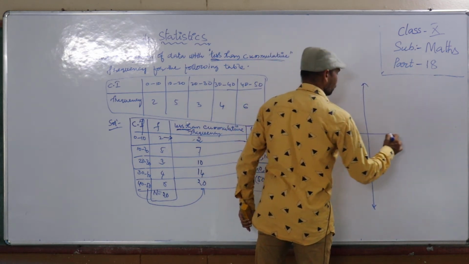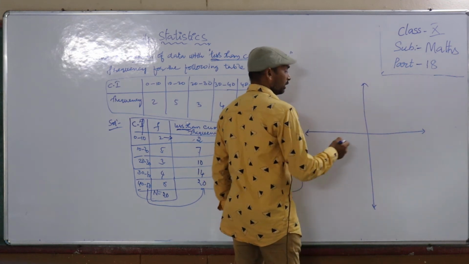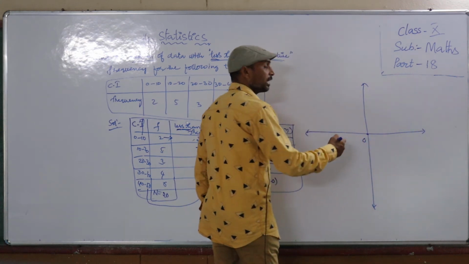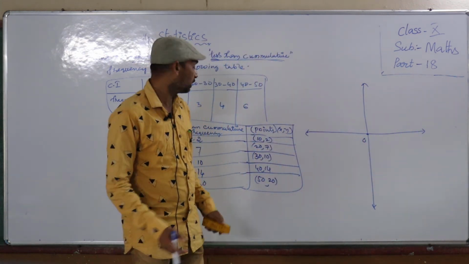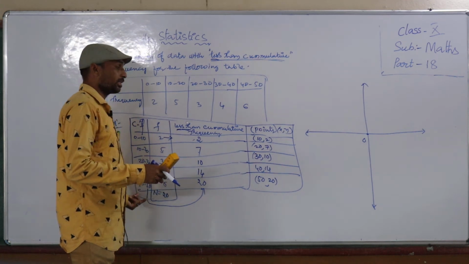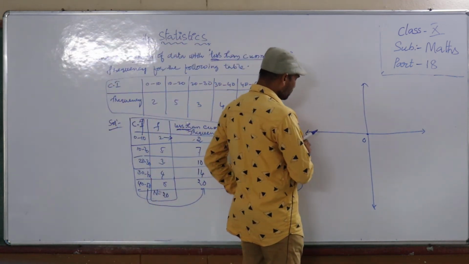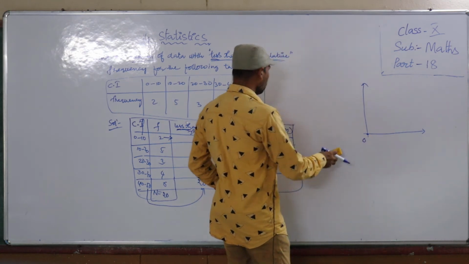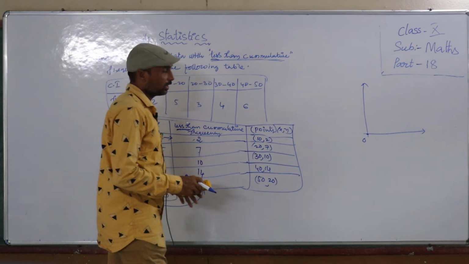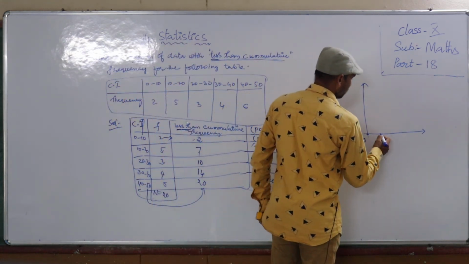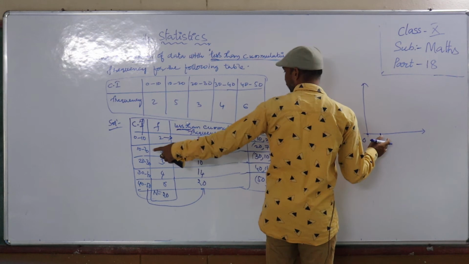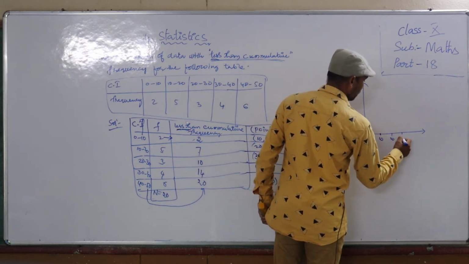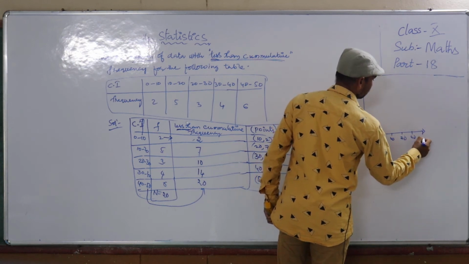Draw the y-axis and x-axis; this is the origin. We need not draw the negative sides, because negative values are not there in this. On the x-axis we take the class intervals 0, 10, 20, 30, 40, 50.